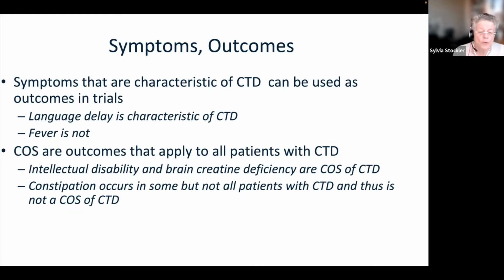But we also know that there are children with this condition who also have constipation, which can be quite persistent. But it doesn't occur in all patients, only in some patients with creatine transporter deficiency. So therefore, constipation is not a good symptom to include in a core outcome set.